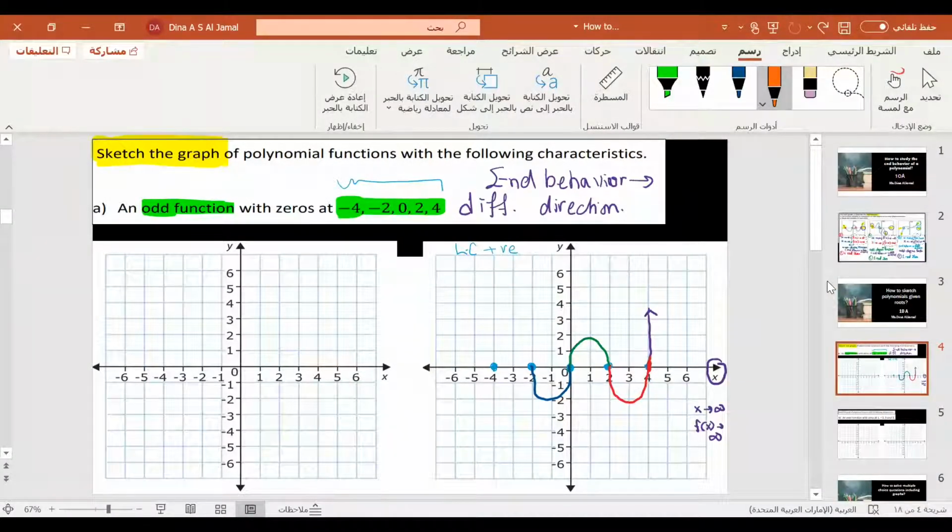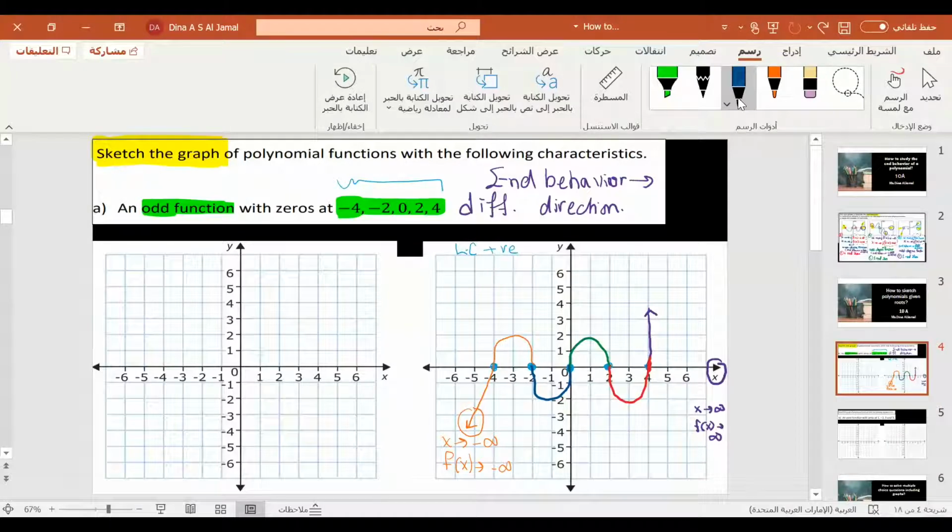Great, so it hit -2, then it will come up again. It will go to -4 and come down. So your sketch will be something like this. And make sure that when your x goes to -infinity, your f of x goes to -infinity. This proves for you it is in different directions.